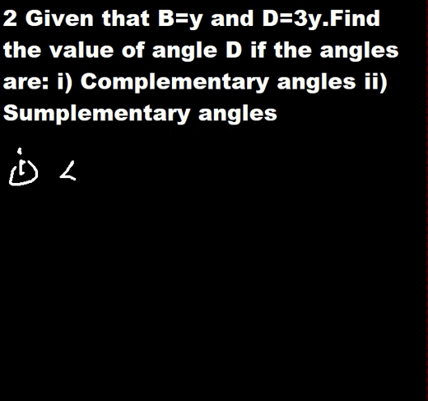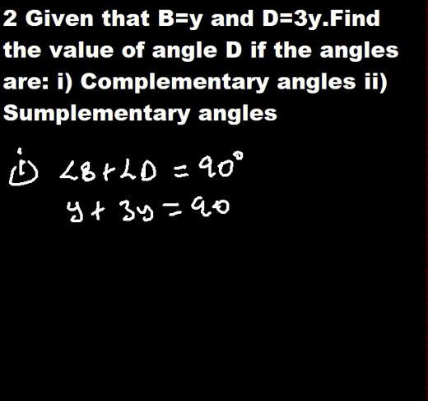That is angle B plus angle D is equal to 90 degrees, since they are complementary angles. So we have angle B, which is y, plus angle D, which is 3y, equal to 90 degrees. So these are the direct terms. We have 4y equal to 90 degrees.